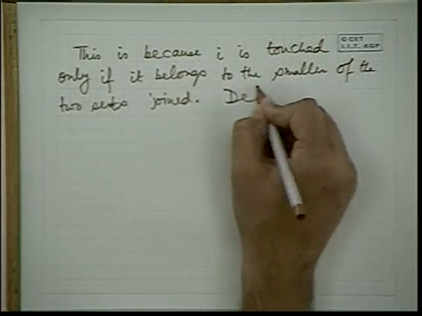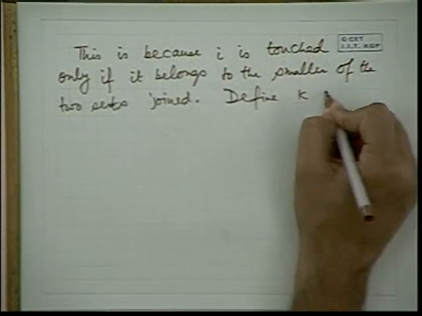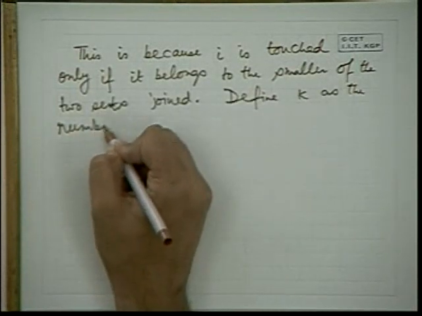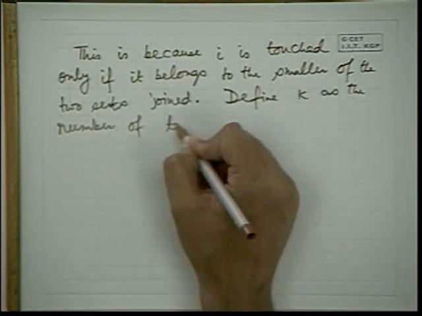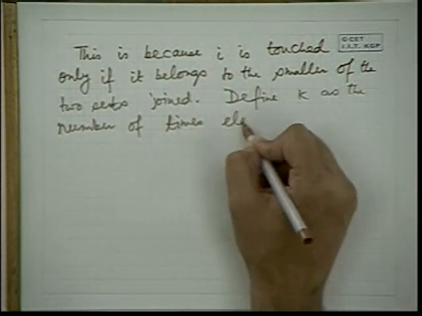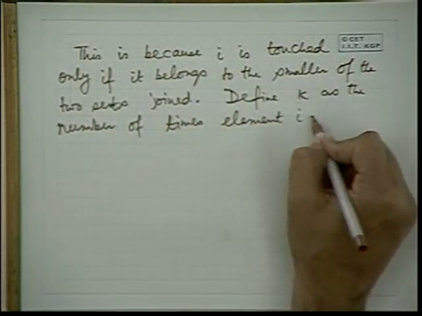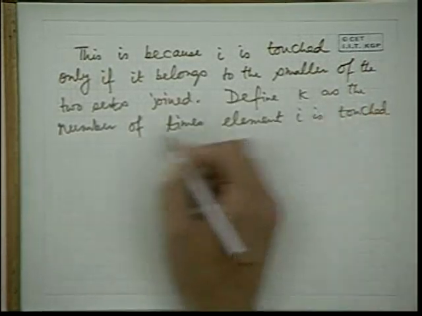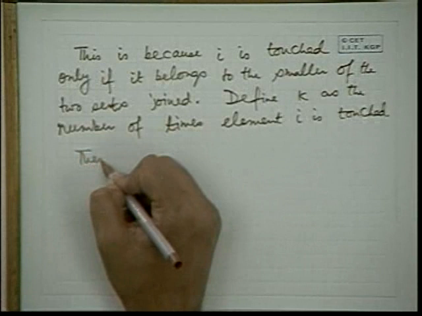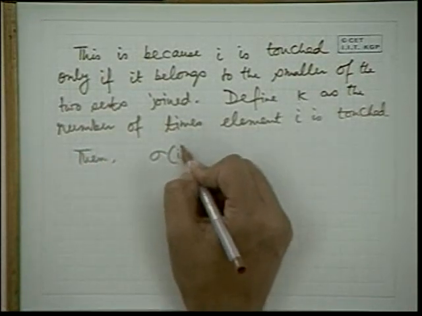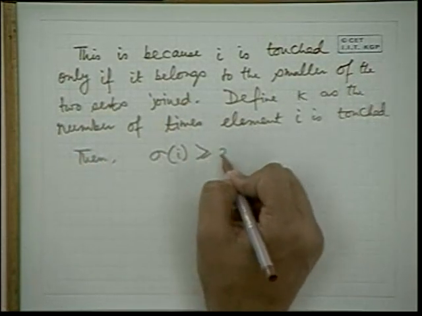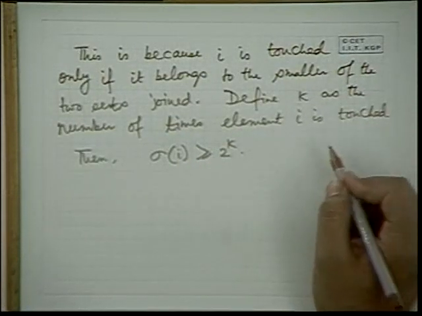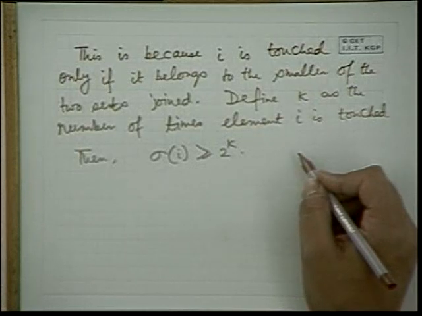So define now K as the number of times element I is touched. Touched means is changing its name. Then we know this is true: sigma I is greater than or equal to 2 to the power k, because every time size is at least doubling.